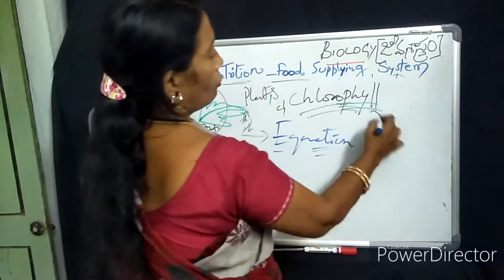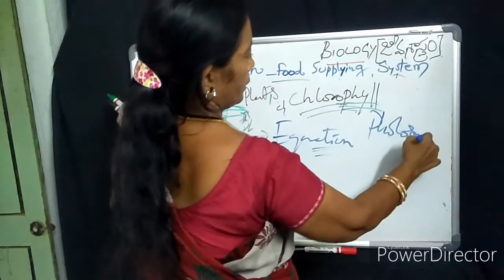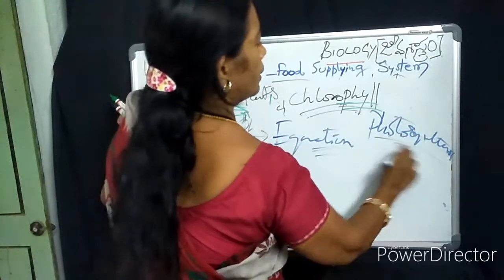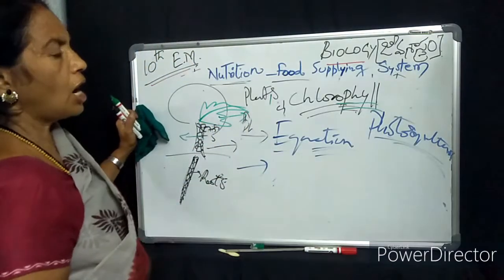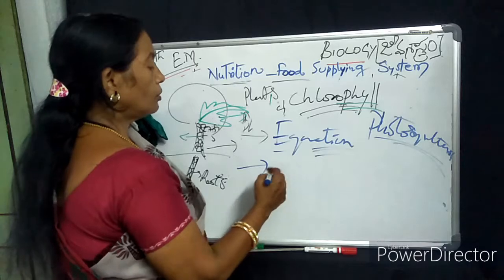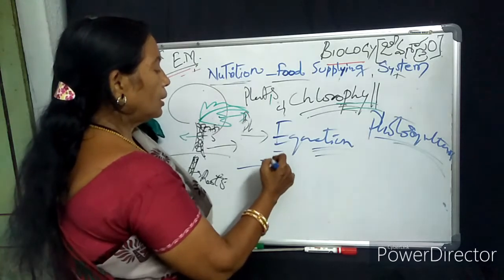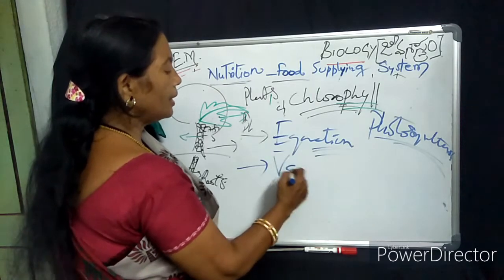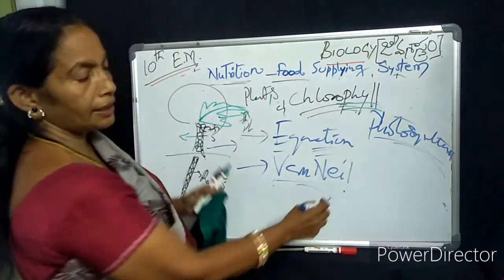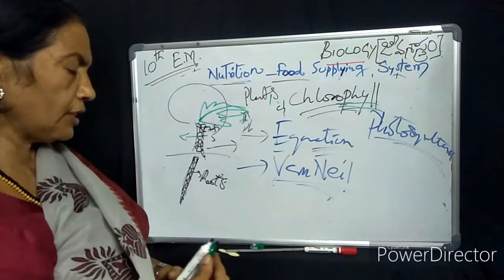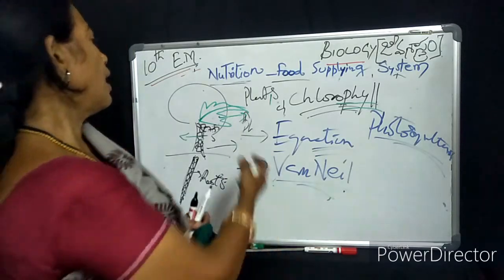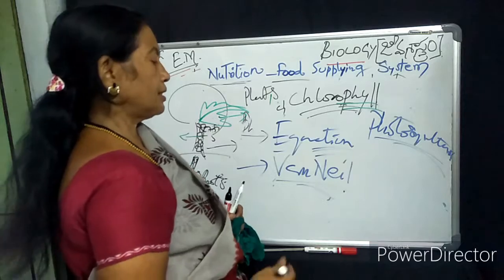And the equation, how do we explain this photosynthesis? First, scientist Van Neal, he is a scientist, he is a botanist, and he made many experiments on these plants.